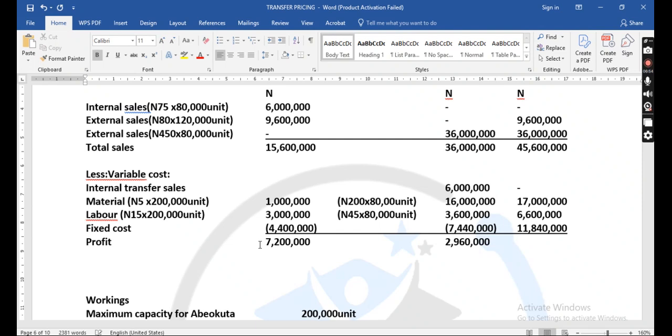Out of the group, 10,160,000. 10 million, 160,000. Okay, 10,160,000.